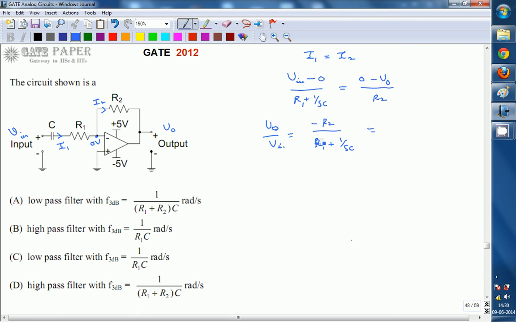If you take R1 common, it becomes minus R2 by R1 divided by 1 plus 1 by SCR1.